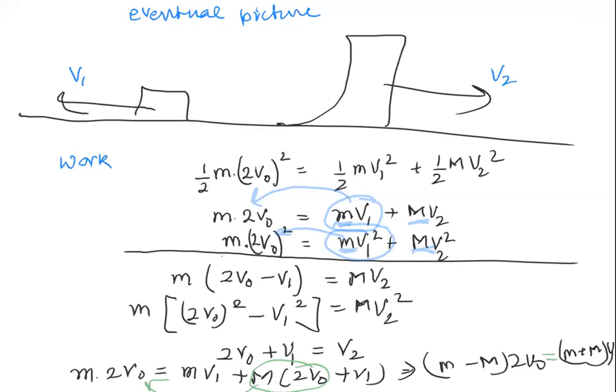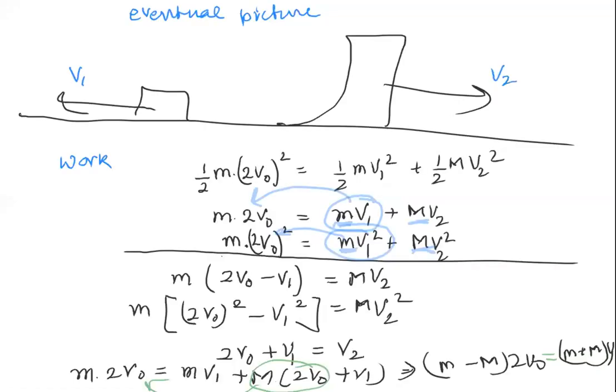Right, I'm going to change the slide. So I get v1 is equal to small m minus capital M upon small m plus capital M into 2v0.